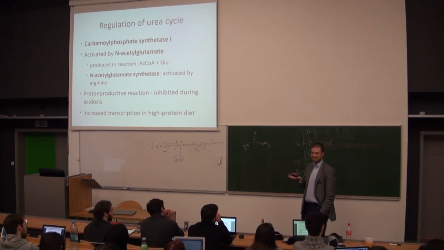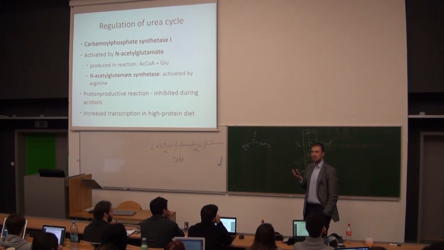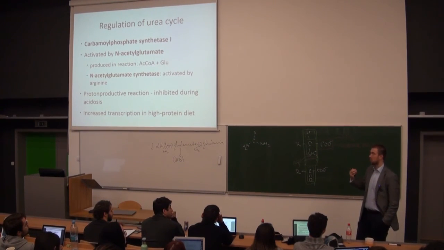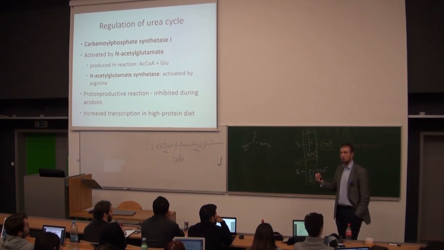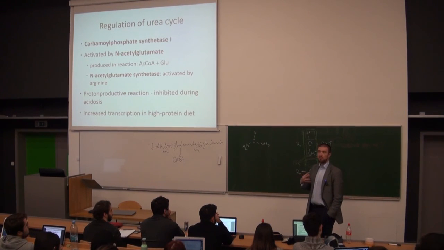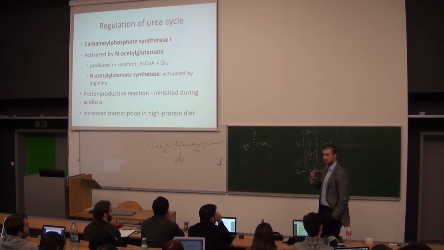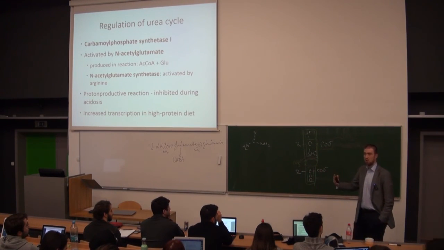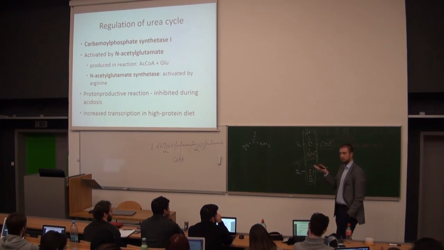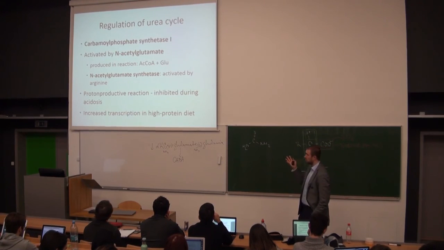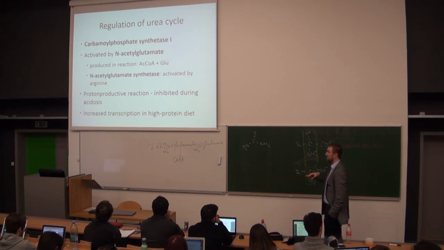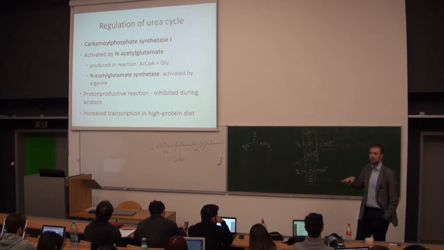The answer is simple, they will stay in the solution. That means that from the cell level, the urea cycle is a proton-productive reaction. You do not produce there any acid, but you consume base. And for the body, the consuming of base is the same as production of acid. You simply keep hydrogen protons in the environment. And therefore, the urea synthesis must be inhibited if you have acidosis, that means low body pH.